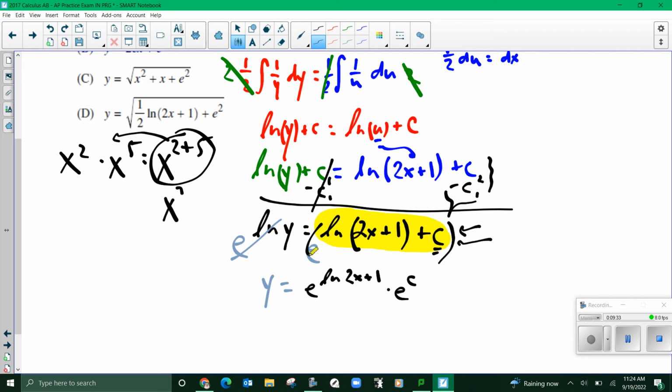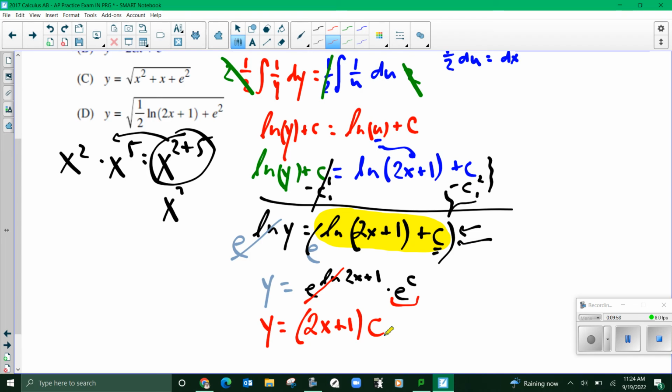All right? So here we go. Y, we're going to keep manipulating this. These two things cancel. Boom, and I have 2x plus 1. And guess what? E to the c, e is a number. That would still give me yet another constant. So I'm just going to leave that as a c.